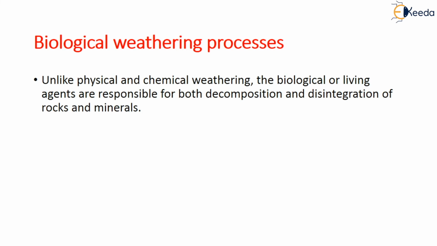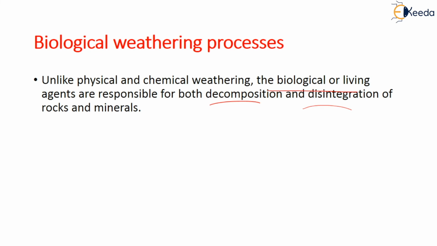Coming to biological weathering, the third weathering process. Here it is not like physical and chemical weathering. The biological or living agents are responsible for both the decomposition and the disintegration of rocks and minerals.